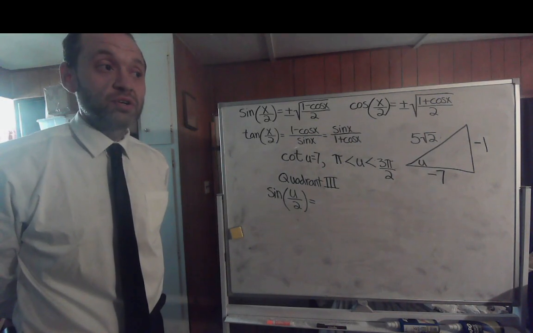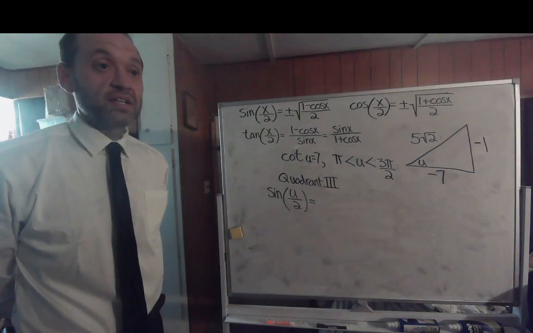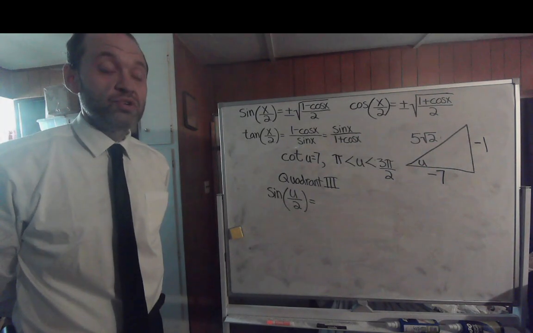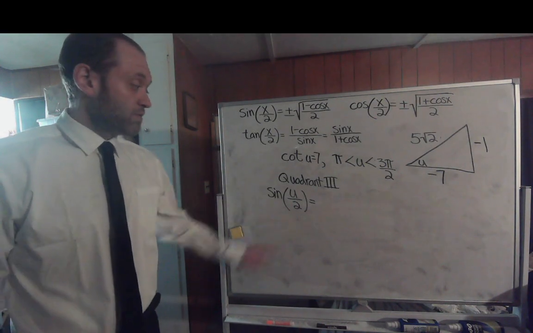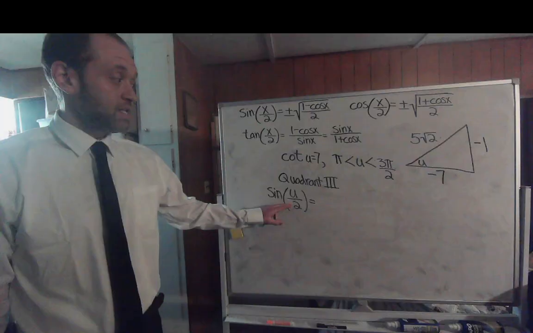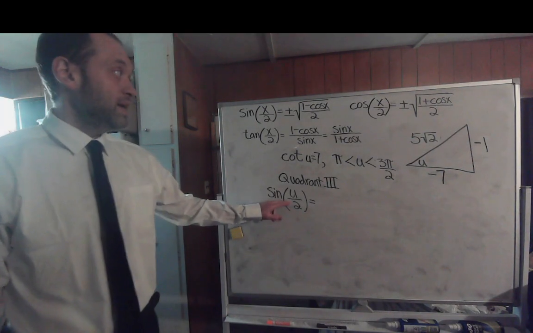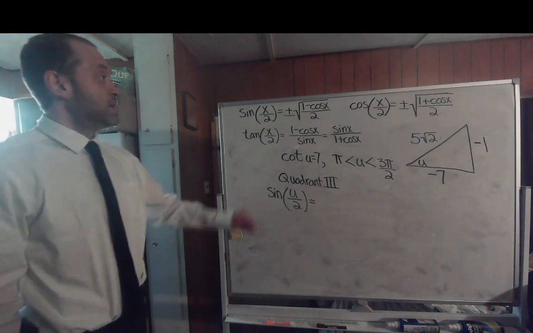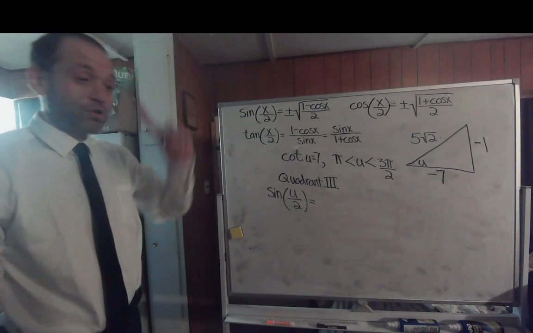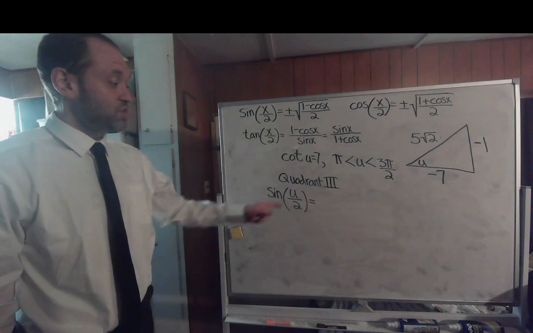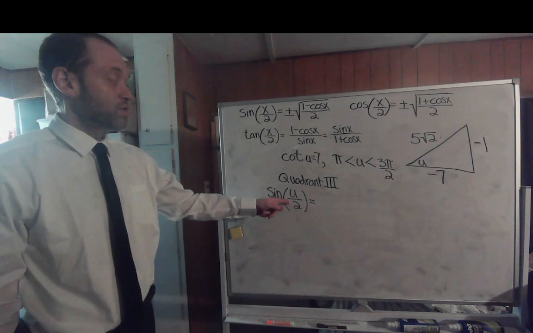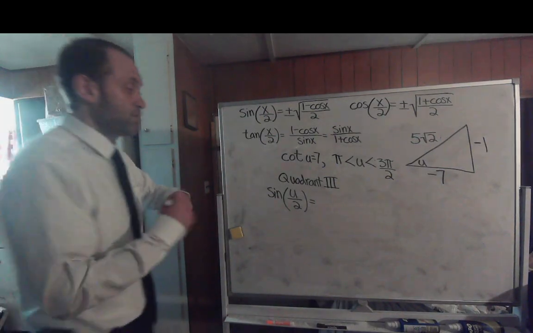What's half of 268? That's 134, which would put you in the second quadrant. So u over 2 is in the second quadrant. That means you would actually get a positive sine. So half of a third quadrant angle is a second quadrant angle. So since u over 2 is in the second quadrant, you'll take the positive square root.